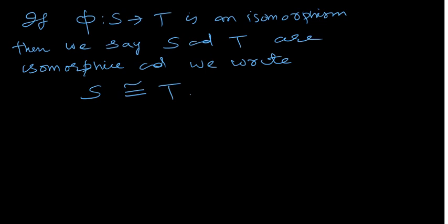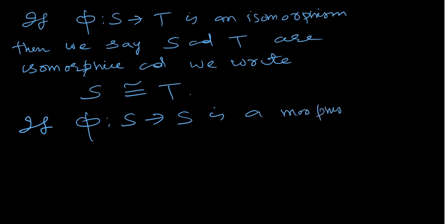Now if isomorphism on S means it's a morphism from S to S, then we call it endomorphism. If phi from S to S is a morphism, then we call it an endomorphism.